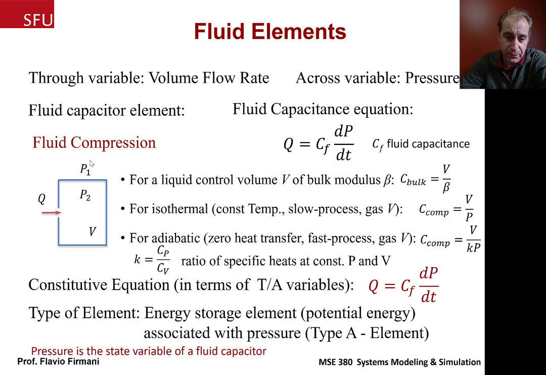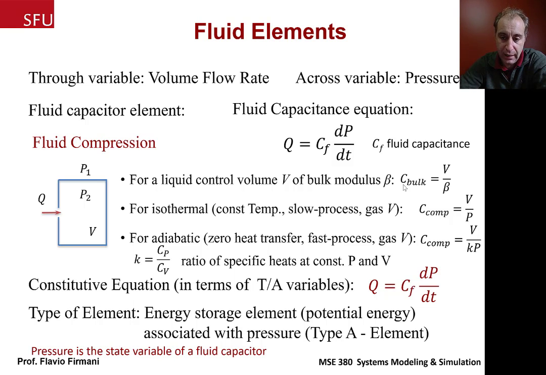So if we have liquid that is compressible, then we're going to use this equation to determine the fluid capacitance, where the controlled volume, which in this case would be the volume of the tank, divided by the bulk modulus, and the bulk modulus is the resistance of the fluid to compression, will give us the fluid capacitance.